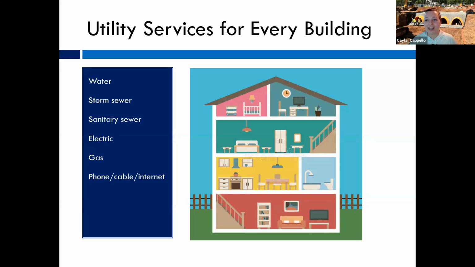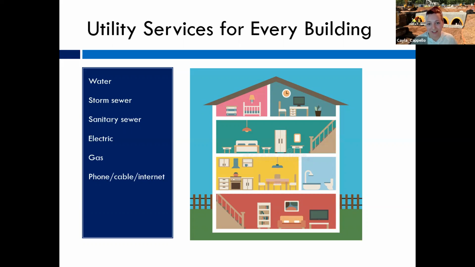But if you're looking at something more modernized and developed, whether it's a tiny house like you guys are designing, or a grocery store, or really anything, you have to think about how you're going to get all of these different utilities to your building so that it's operating and has the necessary comforts. The listed items here include water, storm sewer, sanitary sewer, electric and gas, and then phone, cable, and internet.